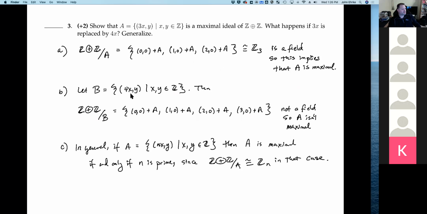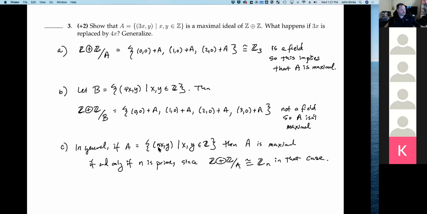If I do the same thing with 4x, then we get this structure right here. But this structure is not a field because it would be isomorphic to Z4. And we know that Z4 doesn't form a field. For instance, what is the multiplicative inverse of the element (2,0)? It doesn't have one. So this element is not a unit, which means this thing is not a field.